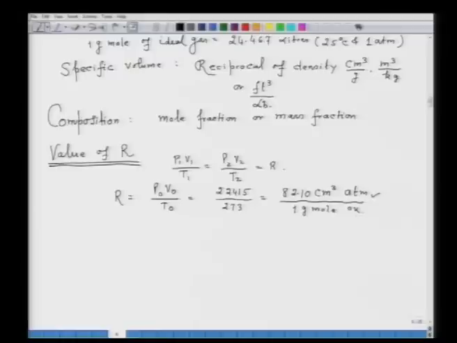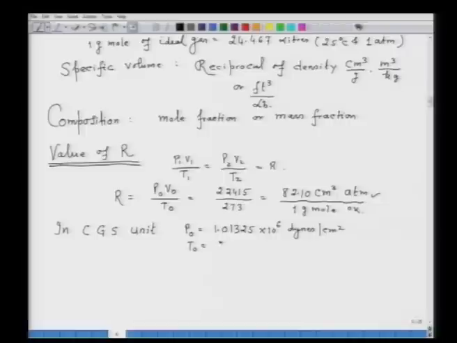Now, in CGS units, if you want to express R, then we have to express P0, and P0 is equal to 1.01325 into 10 to the power 6 dynes per centimeter square.